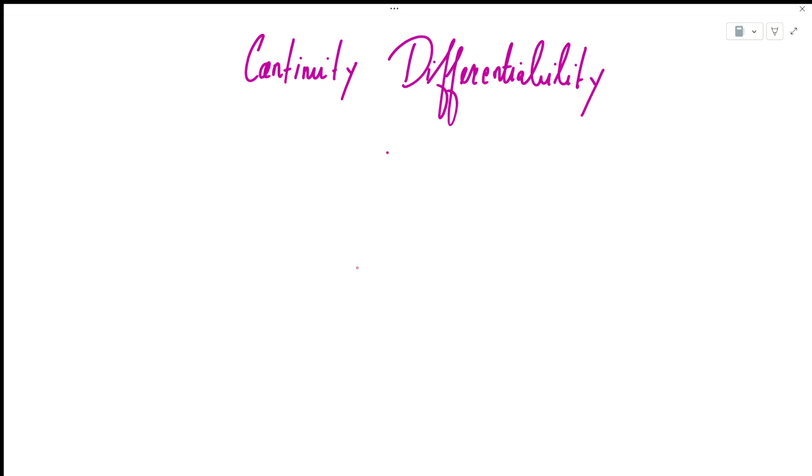So we are here with the most likely questions of continuity and differentiability chapter in CBSE 2026 board exam.